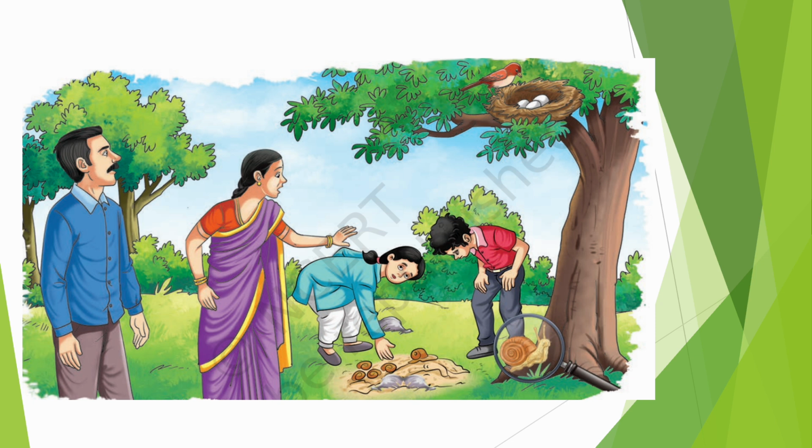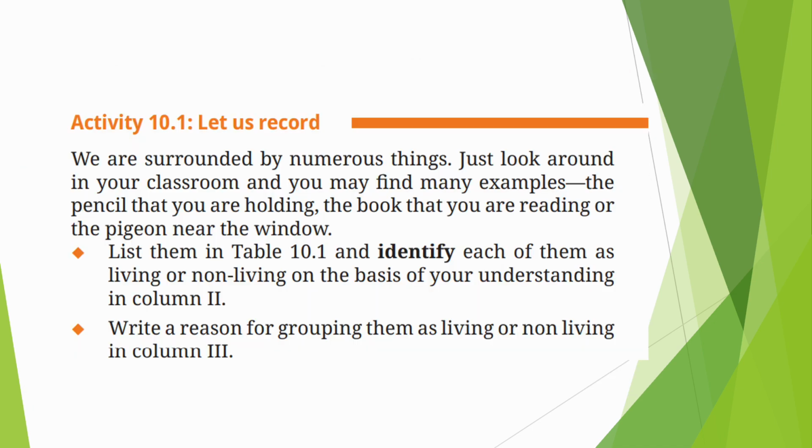See this picture? The children are trying to pick these shells. Let us record. We are surrounded by numerous things. Just look around in your classroom and you may find many examples: the pencil that you are holding, the book that you are reading, or the pigeon near the window.